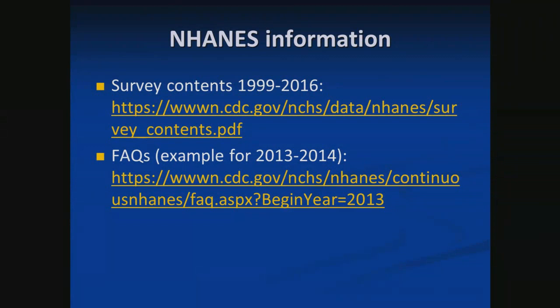NHANES claims to be representative of the US population. If you want to lay claim to that, then you need to account. They didn't do a perfect job, right. So they accounted for what they thought was lacking: they oversampled some groups, they undersampled some groups, and what they thought led to missing groups, they accounted for in weights.